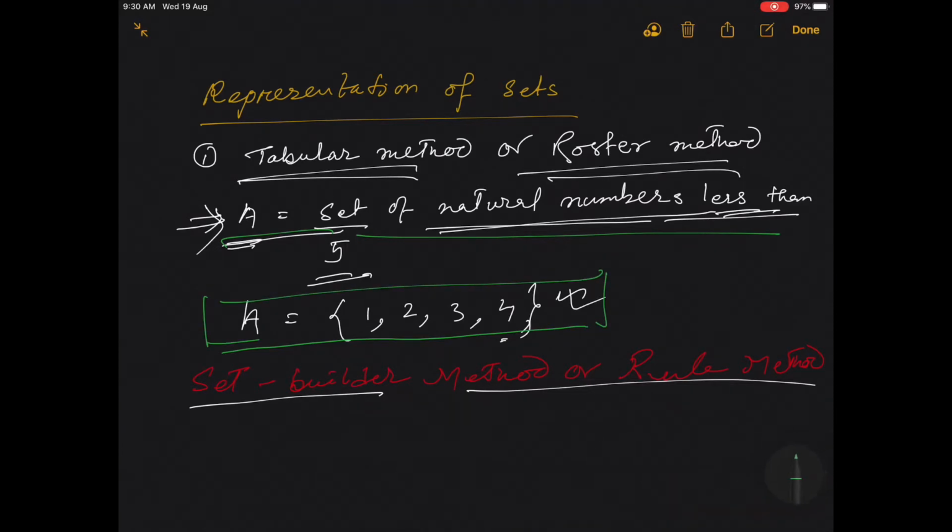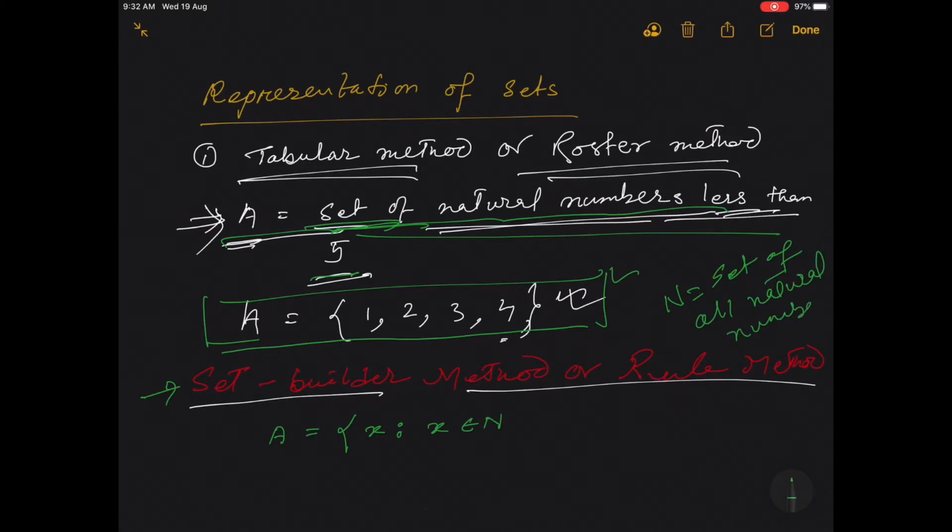In the set builder method, set A can be represented as x such that x belongs to capital N. Capital N means the set of all natural numbers. So x such that x belongs to N and x is less than 5.